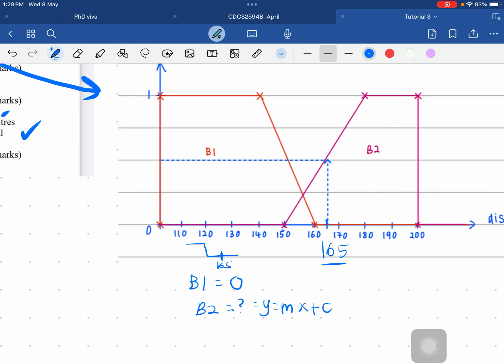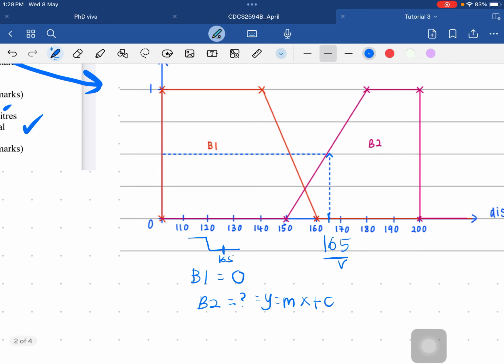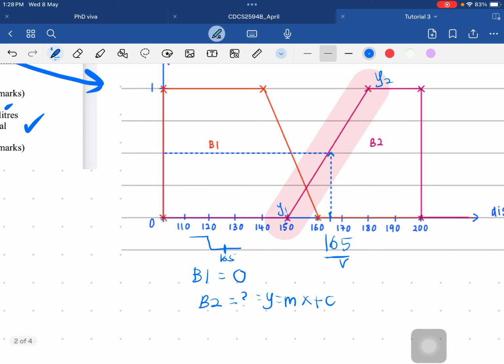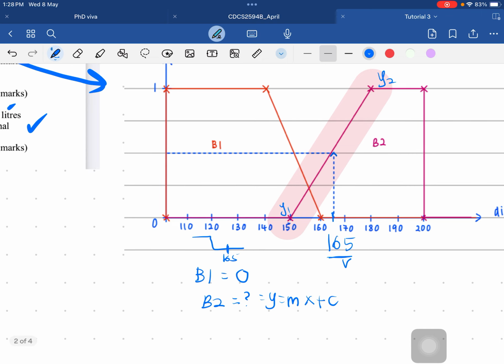So if we look at 165 for x here, it will fall on this line here. Okay, so these would be the y1, these would be the y2, these would be the y1. y1 is equal to 0, y2 is equal to 1.